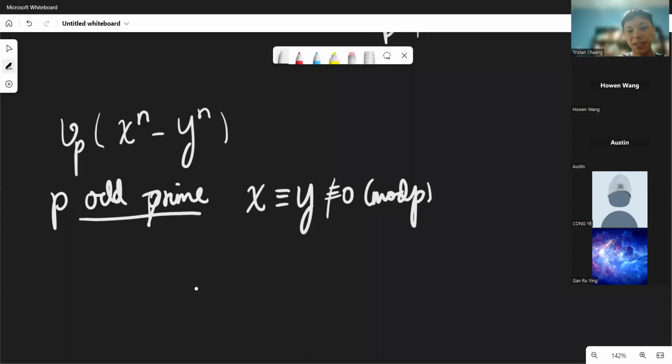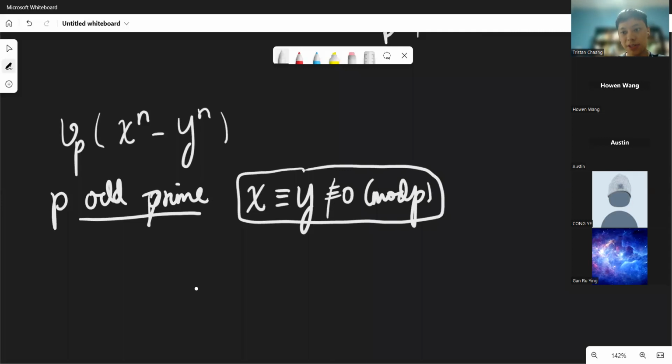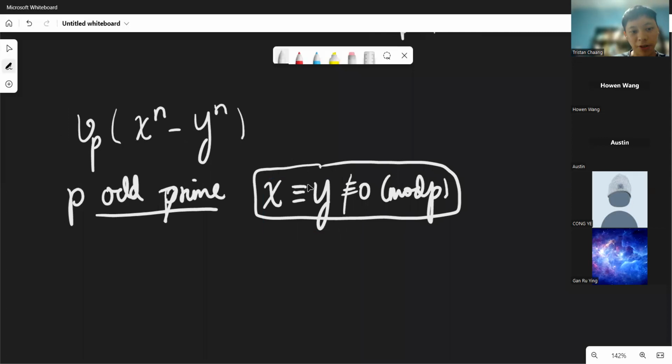So this is the condition we need for this whole lemma to work. And a lot of people forget this, they use LTE without remembering the condition. So the condition is p divides x minus y, and p divides neither of x and y.